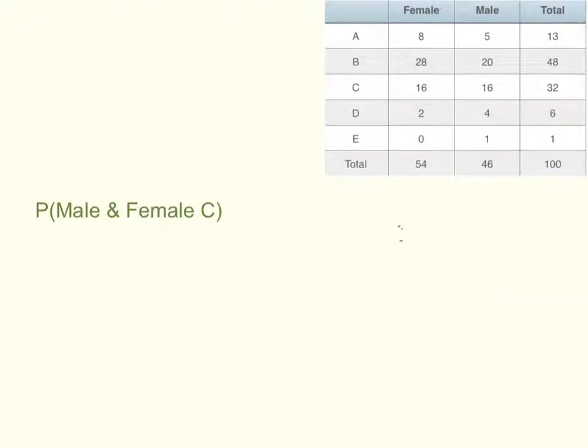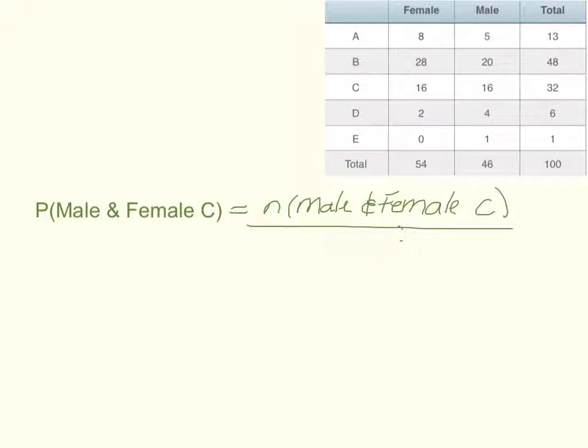The next question asks us to find the probability that a male and a female would receive a C. So this is going to be equal to the number of males and females who received a C, and again we will divide that by the number in the sample space.